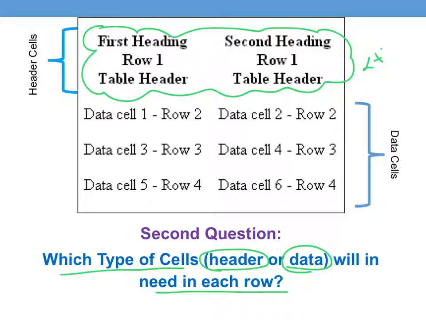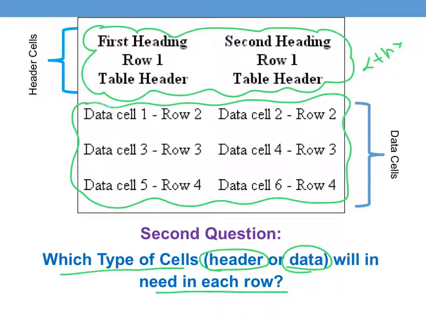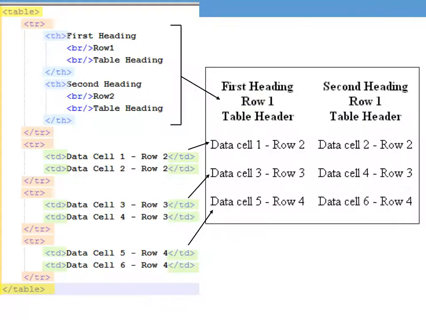So we know those are going to use the TH cells, whereas these 6 cells down below in these 3 rows are normal data cells that will use the TD tag. So after we've decided how many rows, we look at the types of cells, if they're header cells or data cells, that we'll need in order to code those cells appropriately.